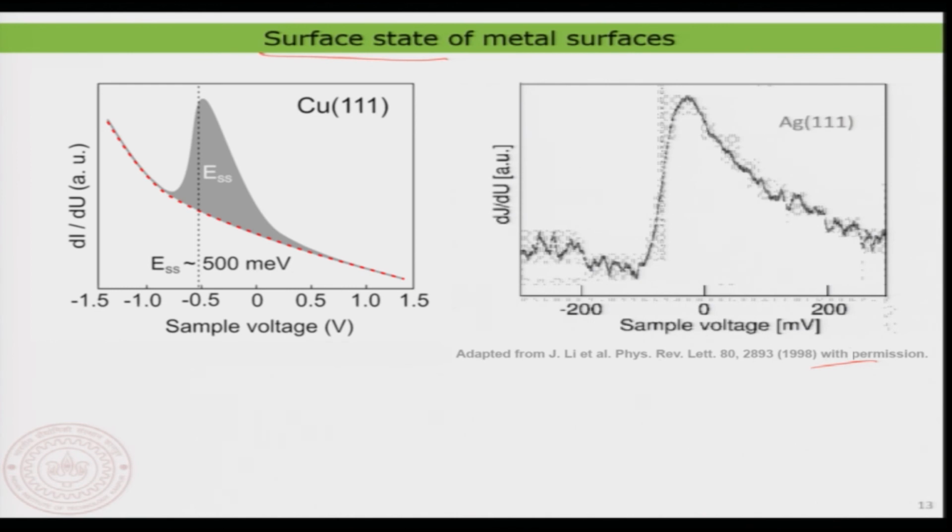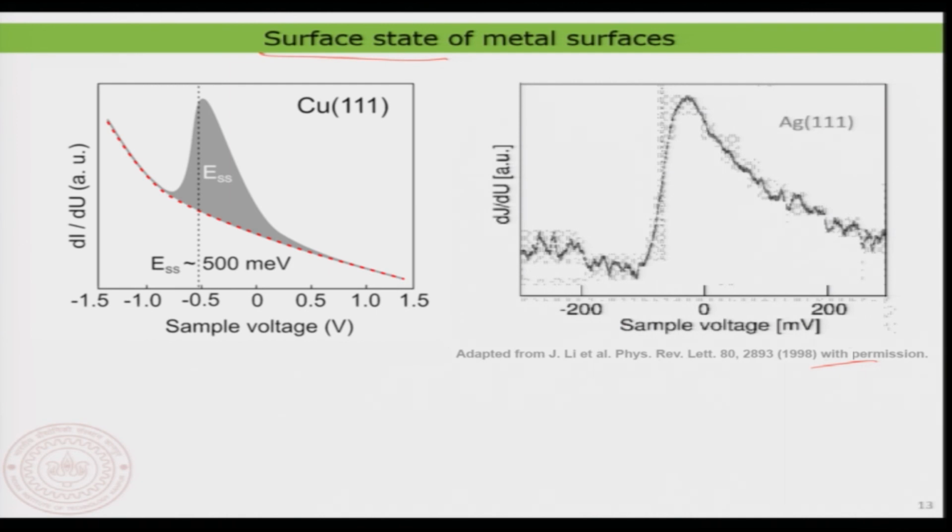People started measuring things, and what you are seeing on the left is a copper 111 surface, and they have used a polycrystalline tungsten tip to measure the density of state of the surface. Now, you see the variation. This is from minus 1.5 volt to 1.5 volt, and the density of state in general looks like this, but you have a nice step-like function here, and that is nothing but the surface state of the copper.